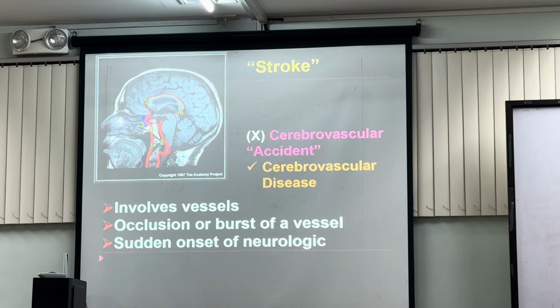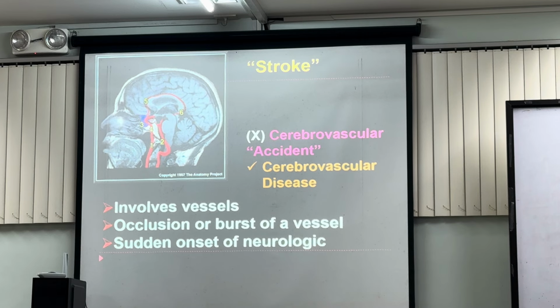And it involves vessels. And vessels can be what? Arteries. Can it also involve veins? If you review the anatomy of the nervous system, you have arteries and you have veins. Most strokes involve the arteries, but it can also be a venous stroke.